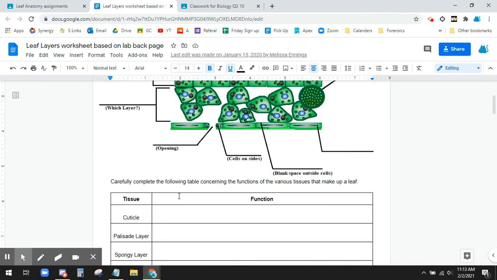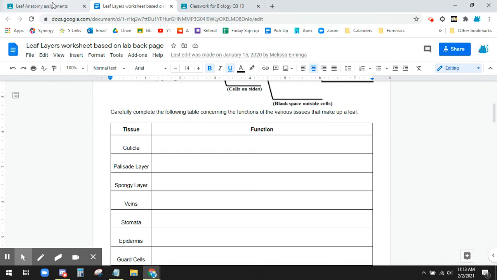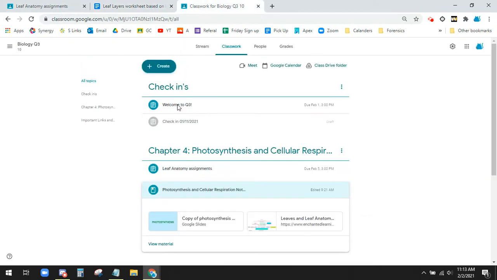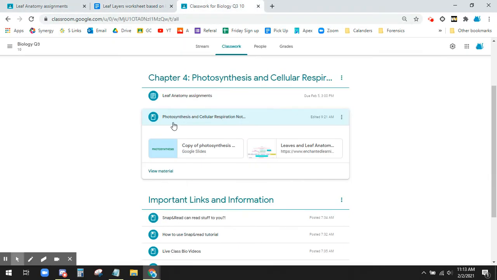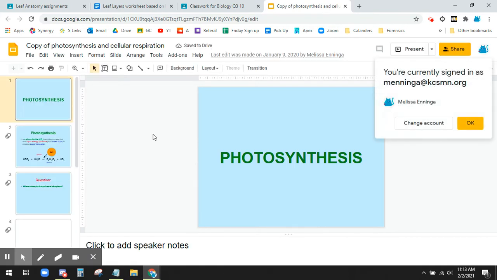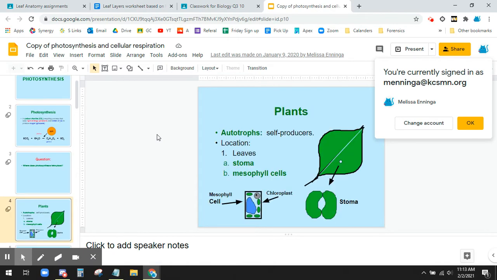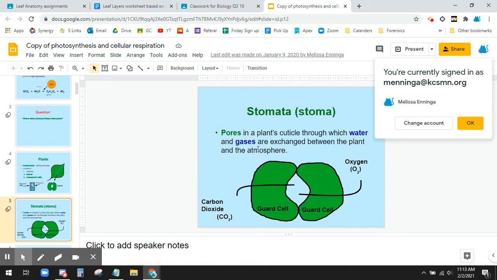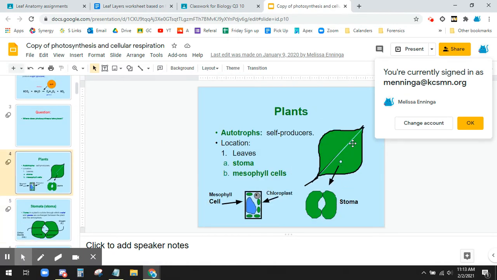Some of you are saying, well, the notes that you gave us don't go over this. Okay, the notes, if you look here, the photosynthesis and cellular respiration notes, as I mentioned, go to slides 3 to 8, and you look through there and you're like, yep, okay, so there's a leaf and it goes down.